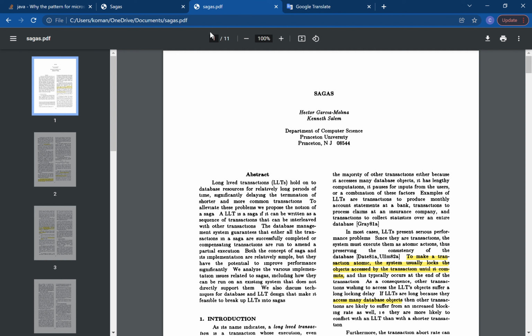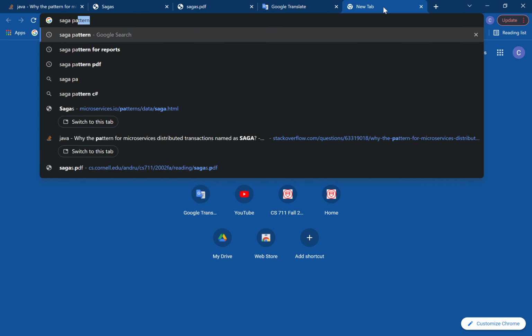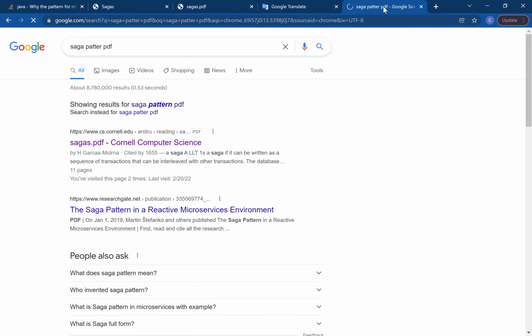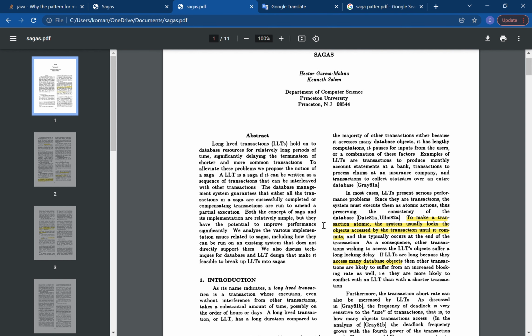You can find this document on the internet, for instance, like this one. I've already made a couple of notes in this document, and we'll try to discuss them now.